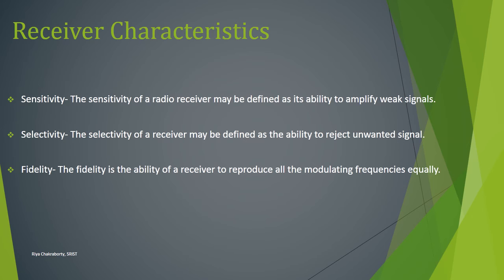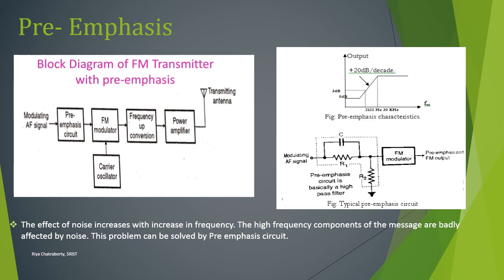So, the next part is pre-emphasis. It has been proved that in FM, the noise has a greater effect on the higher modulating frequencies. This effect can be reduced by increasing the value of the modulation index for higher modulating frequencies.